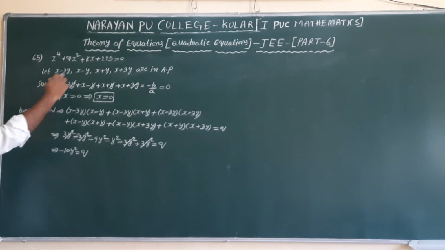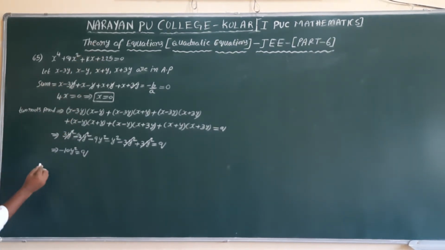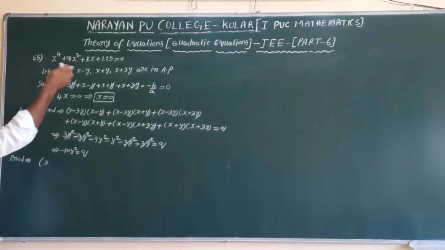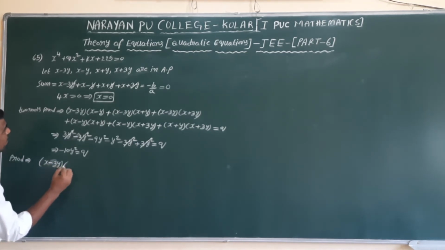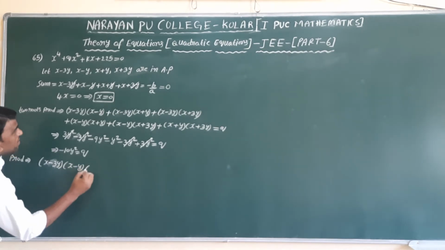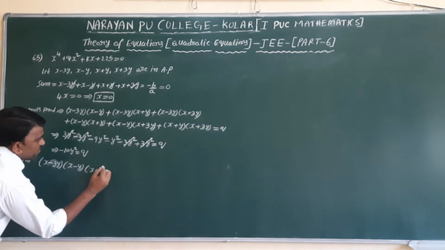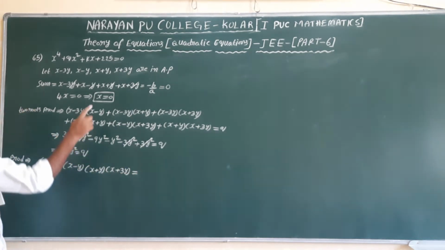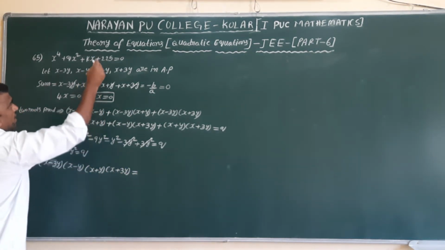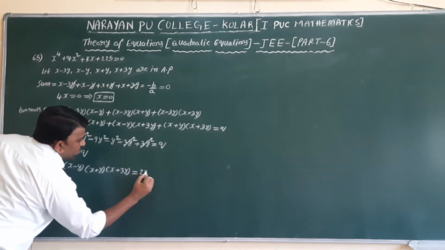Directly, the product of all four roots: alpha beta gamma delta is equal to e by a. That is x minus 3y into x minus y into x plus y into x plus 3y, equal to e by a, the last term, 225.